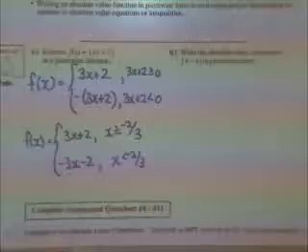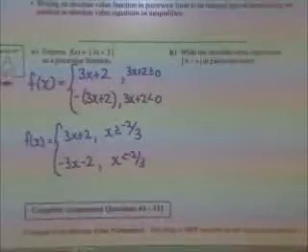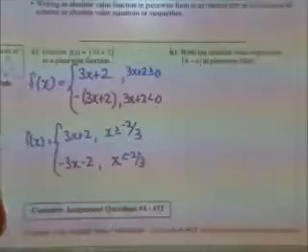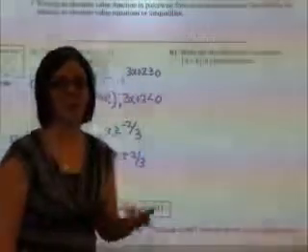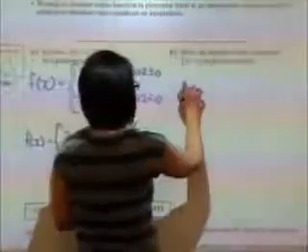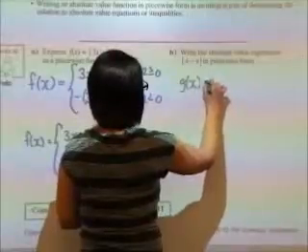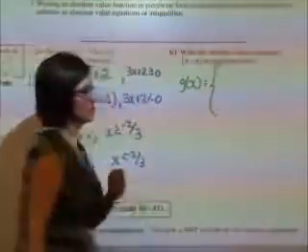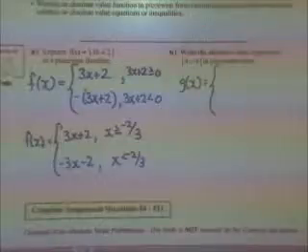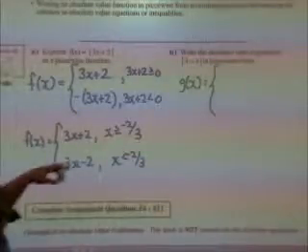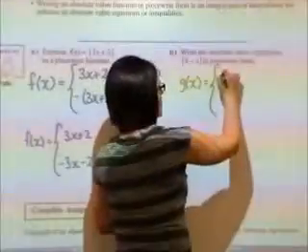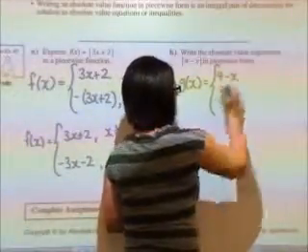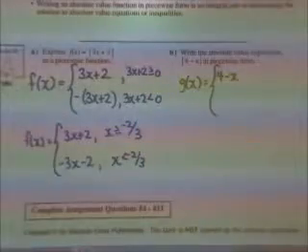Okay, so we'll do one more. So again, piecewise form. So we can call this g of x, or h of x, or p of x, or f of x. G of x equals, I have my two pieces. The first piece is always the exact same as what's inside the absolute value bars. I just remove the bars. Okay, 4 minus x.